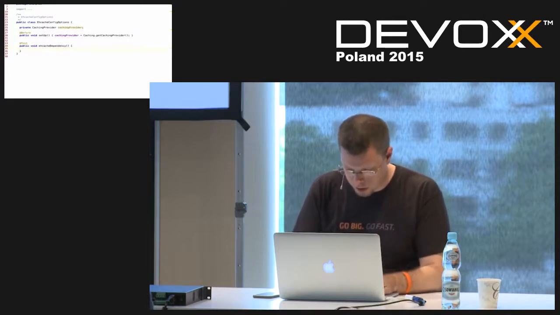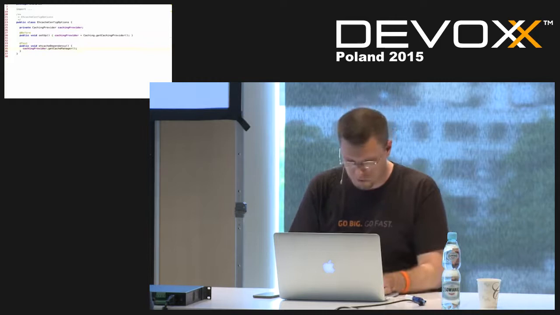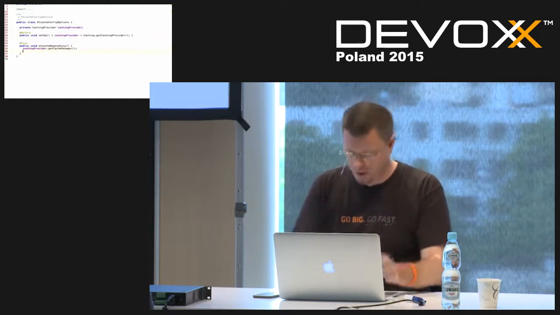So here I've got an Ehcache dependency. So the way I'm doing that is classically I just get the default cache manager, probably works good for me. I'm going to do everything again in code.